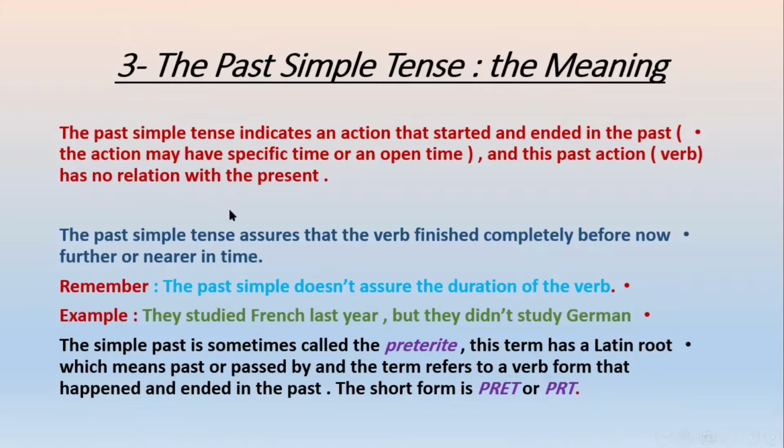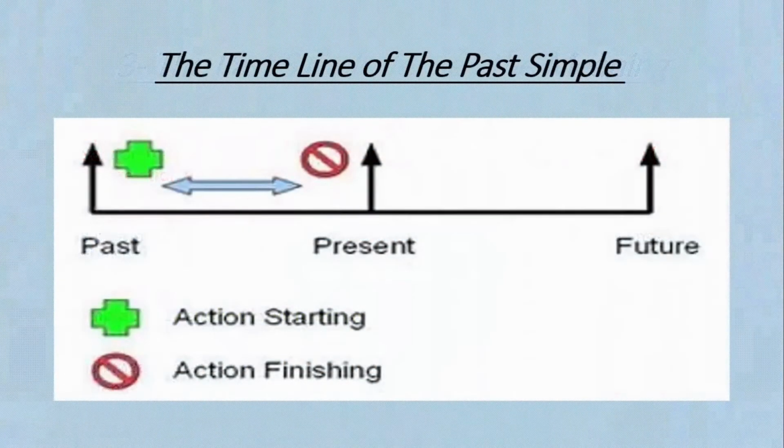A past simple, an action happened and completed wholly in the past, no relation at all with the present. It doesn't matter at all about the duration of the verb, how long the verb took in the past, but when it started, when it ended, like that. So this is the timeline of the past simple we have in the middle.